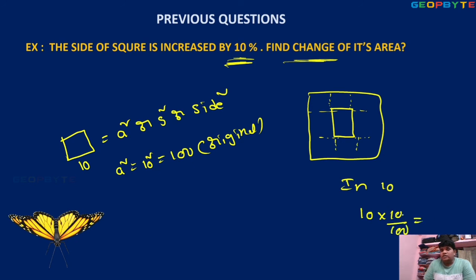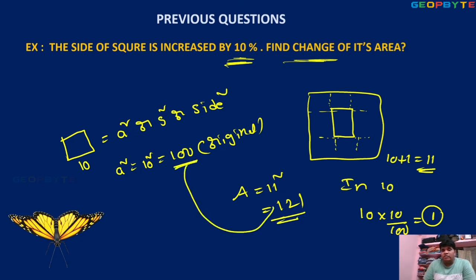So what is the answer then? 1. So the side becomes 10 plus 1, 11. Now what is the new side? 11. Area is equal to 11 square. So 121. Okay. Original area 100. This is 121. So compared with 100, how much more? 21. So 21% is more.